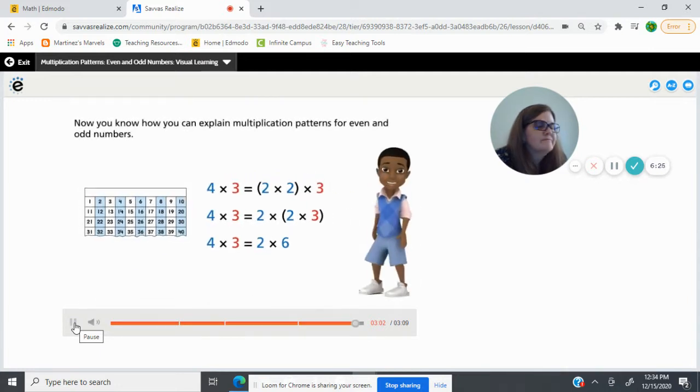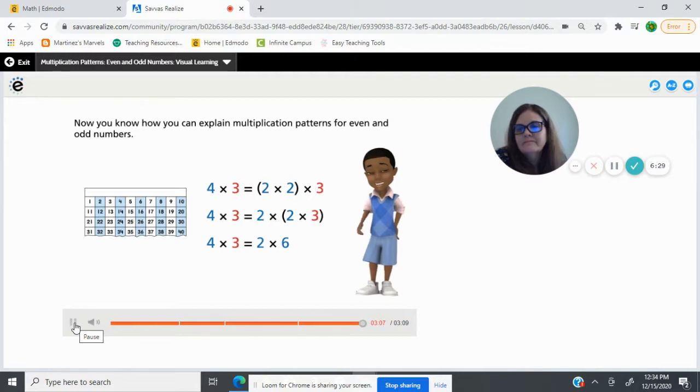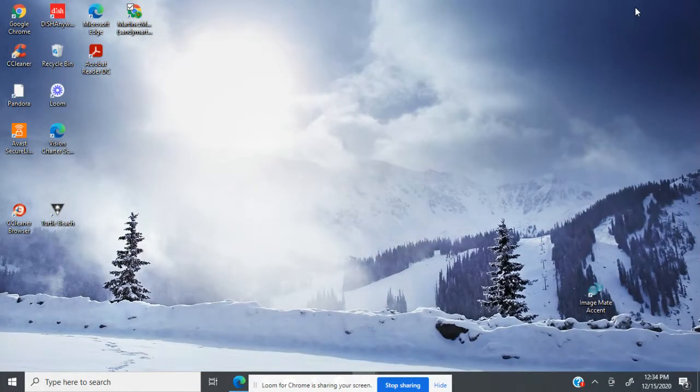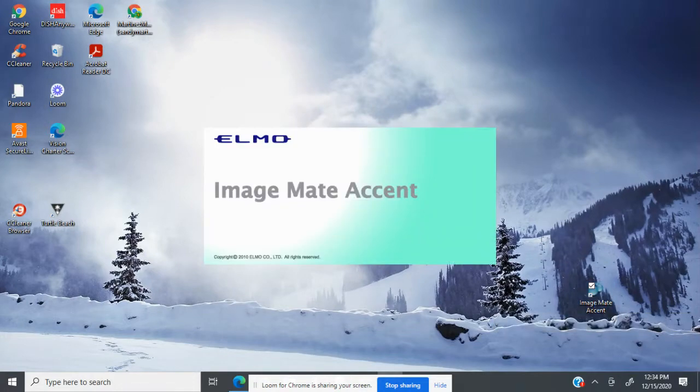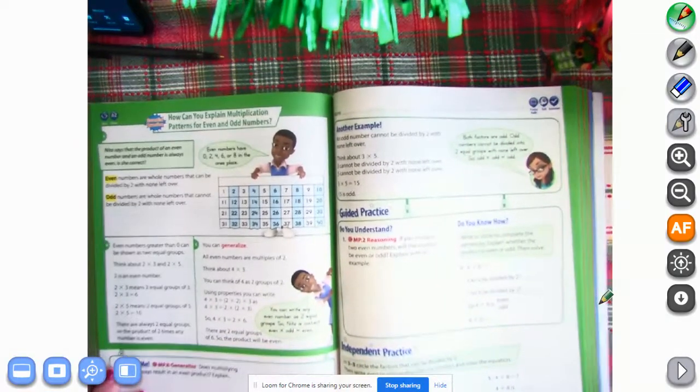Now you know how you can explain multiplication patterns for even and odd numbers. All right, so let's give it a try in our book. I'm going to go to the camera, and you guys are on page 194. All right, so on page 194, we've got all this stuff from the elf here.